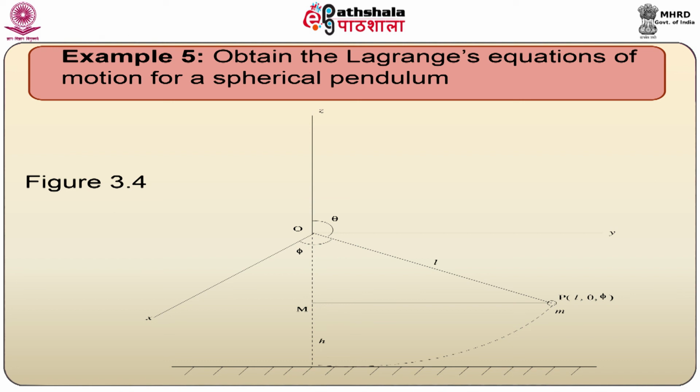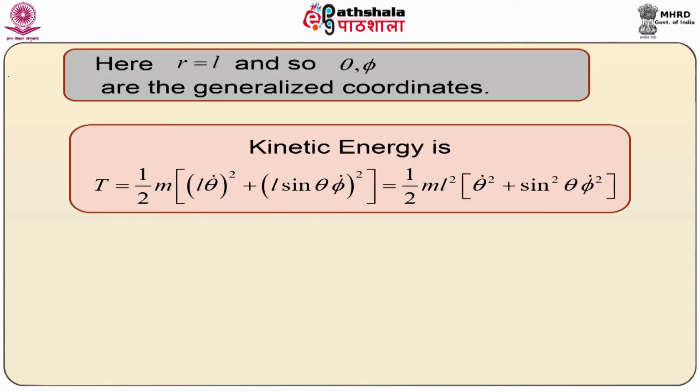L is the length of the string of the pendulum, which is fixed. Theta and phi have been shown here. This indicates the horizontal. Here r equals L, which is fixed. So, we have only two generalized coordinates, which are theta and phi.